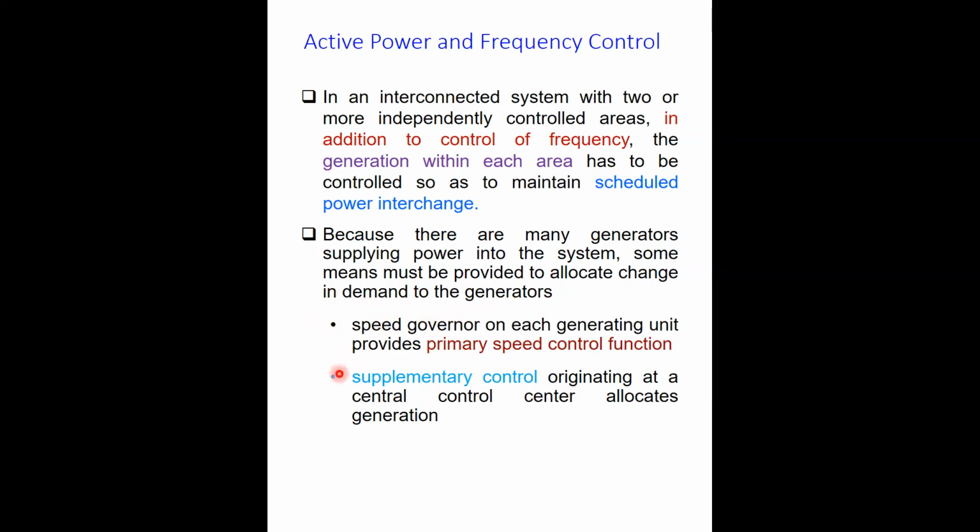What that means, for that generator, one will be the local speed control, which will be the primary speed control, and another one will be the supplementary control, that is the outer loop control here.